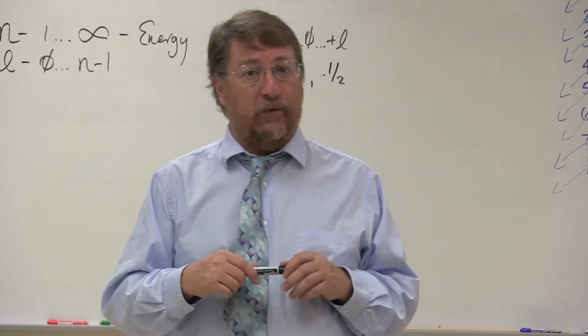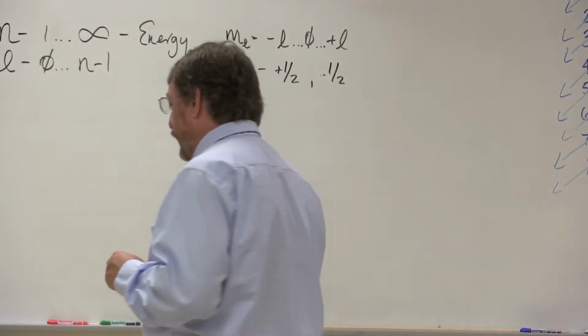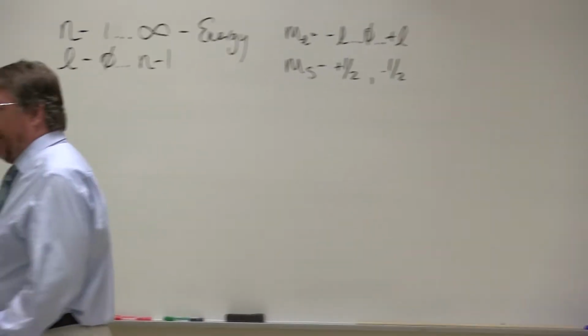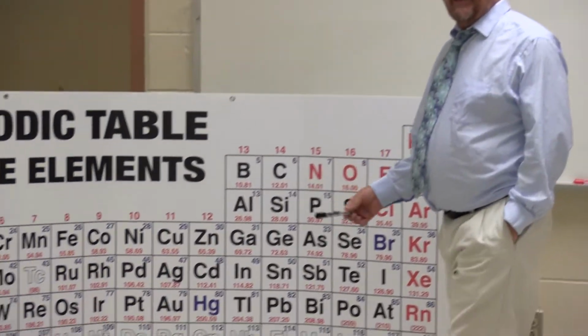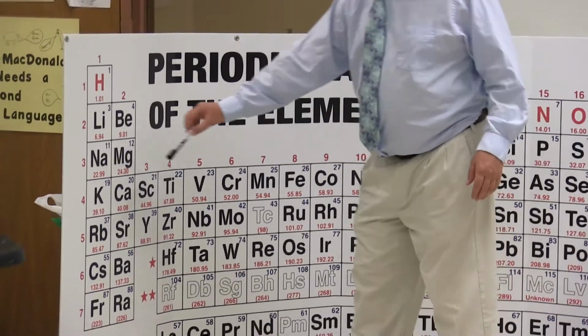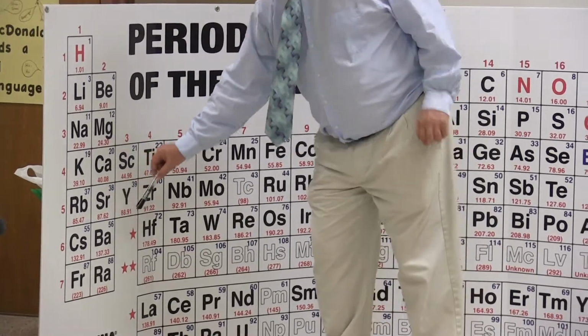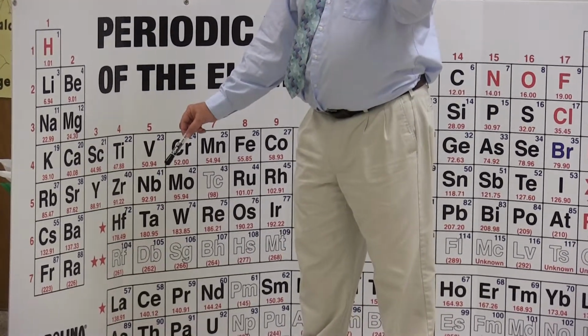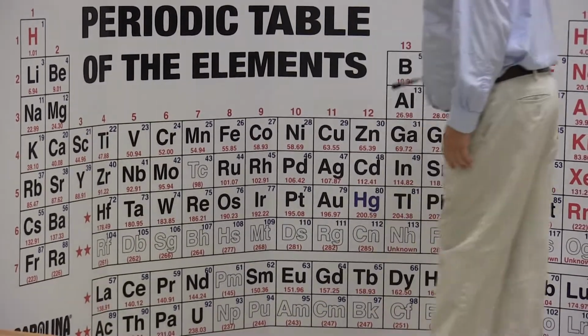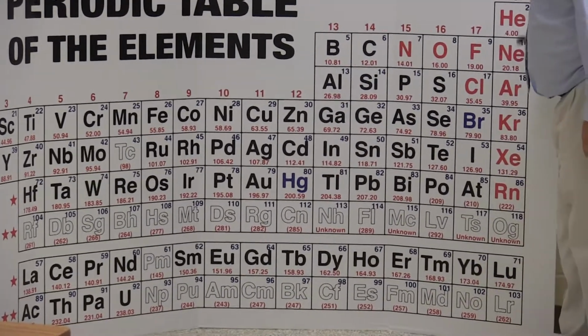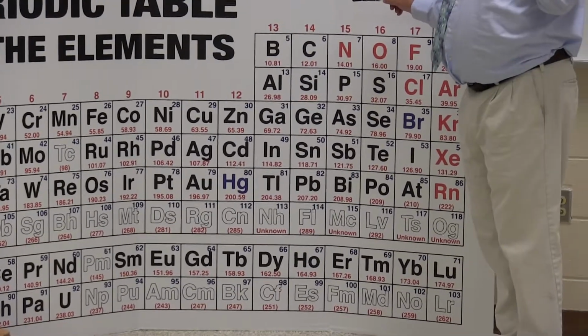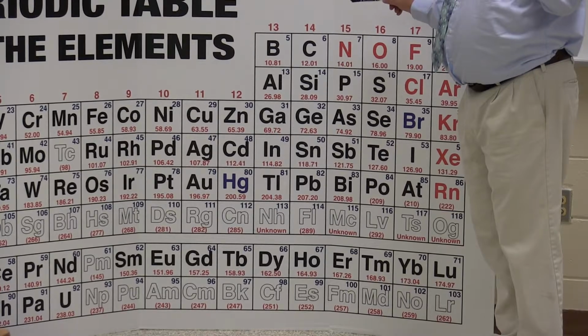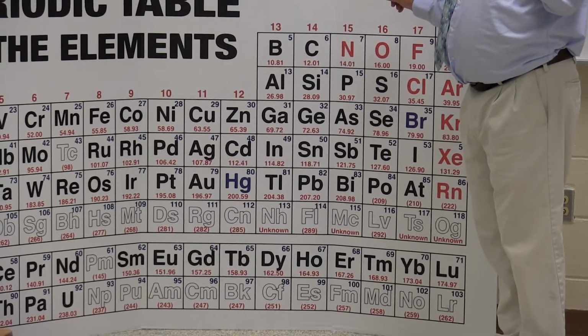So what we need to know is that order of filling. That's the key. So here's my periodic table, and I can block out the periodic table very nicely now. This is my S block, only 2 electrons because there's only 1 orbital. This is my P block, 6 electrons because there's 3 orbitals. You know every orbital can hold 2 electrons with opposite spin.